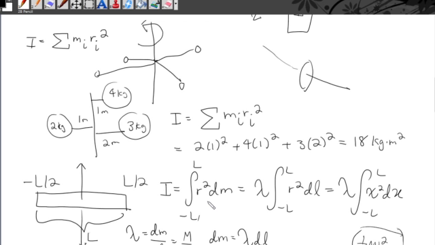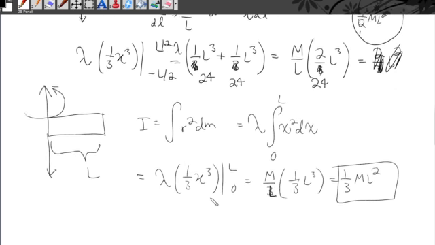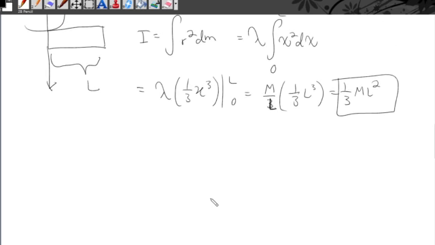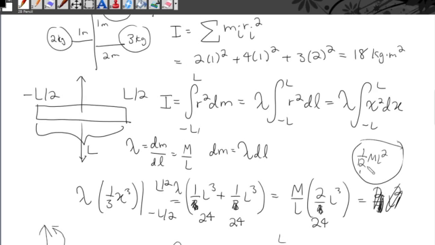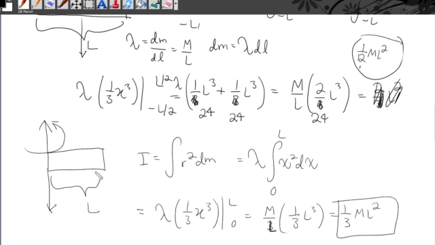Or in other words, the more resistance there is to an object rotating. So, for instance, here our formula is 1/3 ml squared, but here it's 1/12 ml squared, and that makes sense because more of the mass here is closer to the axis of rotation. So it's expected that we would have a lower value, but here more of it is away.